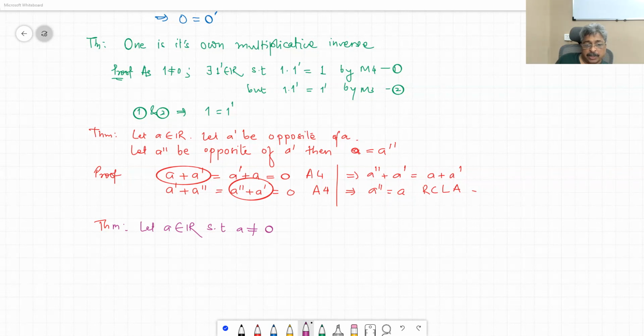Let A dash be the reciprocal of A. Then A dash is not equal to 0. Hence it has a reciprocal.